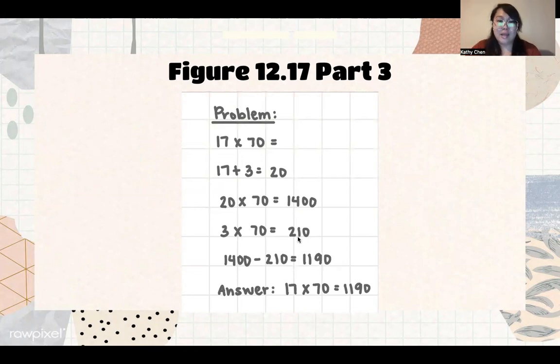Just like part 1, the student had more than the actual answer. So they subtract 1,400 by 210, which gave them 1,190. So their answer for this problem is 17 times 70 equals 1,190.